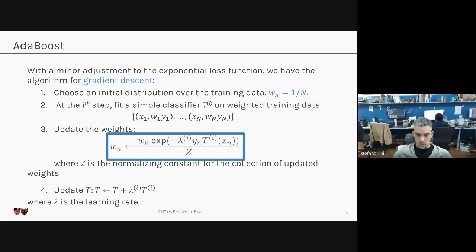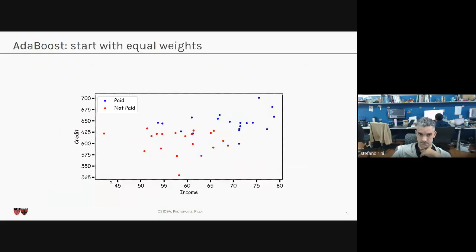Then we update the weights as omega_n, which is omega_n times e to the lambda_i y_i t_i(x_n), divided by Z. Z is the normalization constant that takes into account the sum of the updates. And then we update our model, so that our global predictor is updated with lambda_i t_i, where lambda_i is again the learning rate, which we choose at step i.